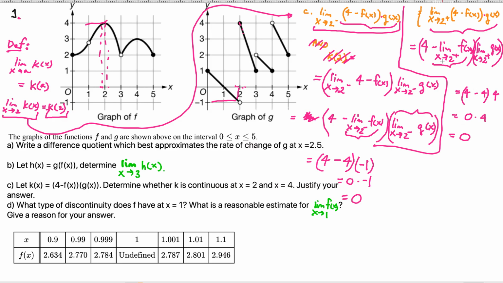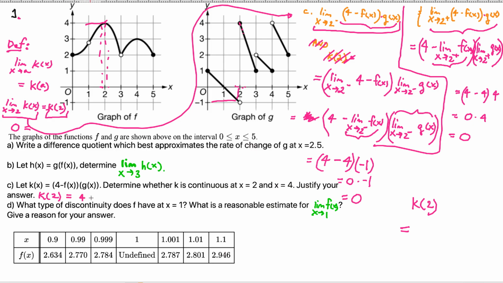So I actually do need to determine now k of 2, because this limit does indeed exist as a whole. So the limit as x goes to 2 of k of x is 0. Now, does that equal k of 2? We have k of x defined here. So k of 2 is just if I plugged in 2 for x.